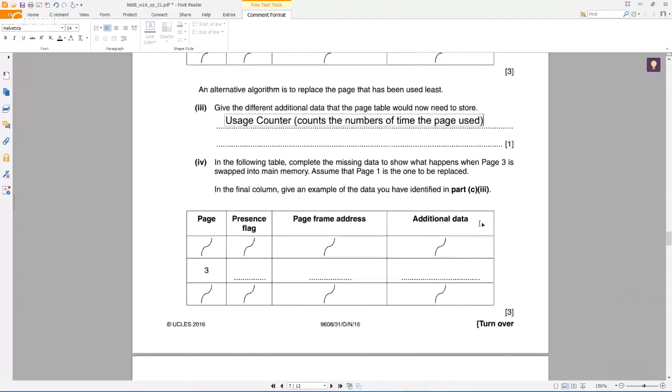Okay, so now we do the same thing. Assume page 3 is the one that will be swapped into memory, and page 1 is the one to be replaced. Again, the presence flag will be 1 because we actually have something in memory, and the frame address is that of page 1, the one we replace. So what's the address of page 1?